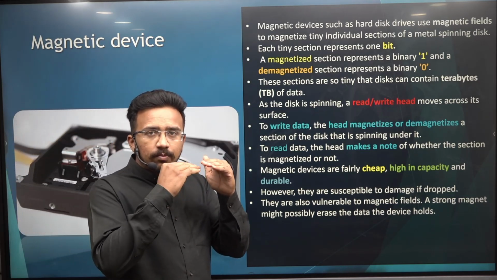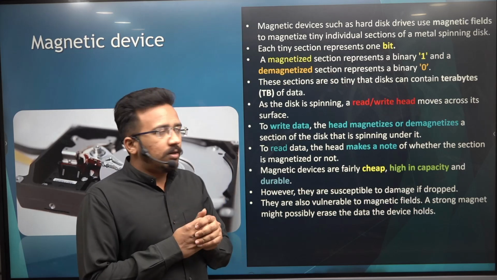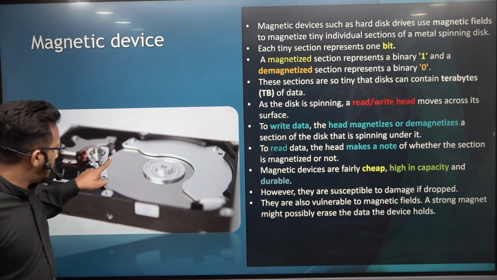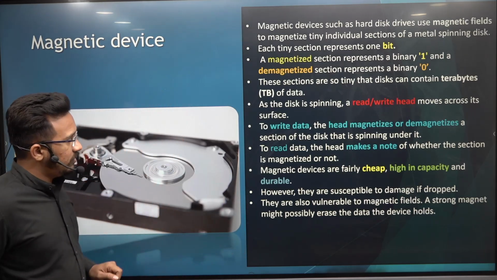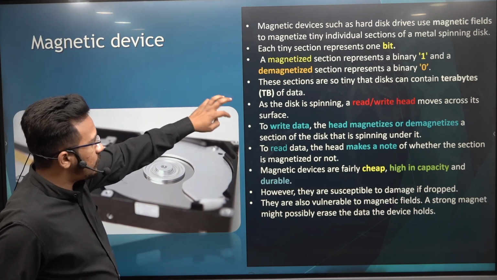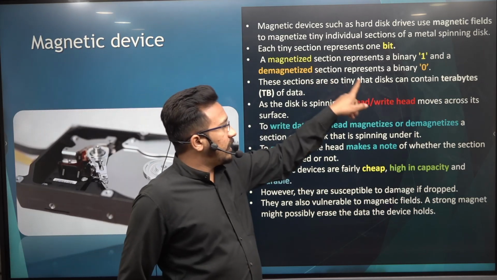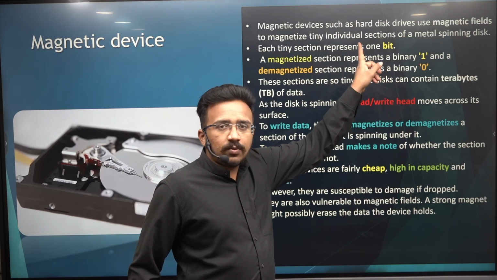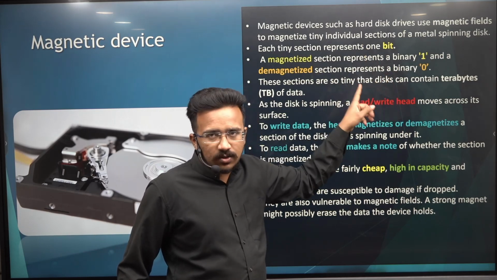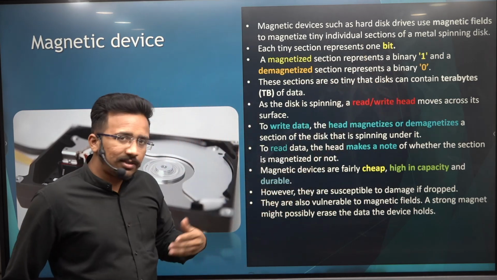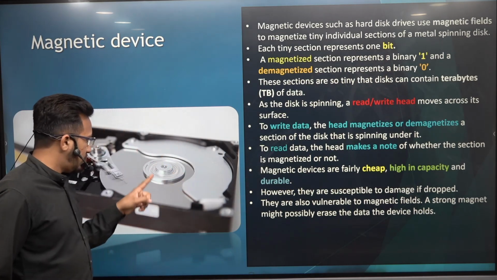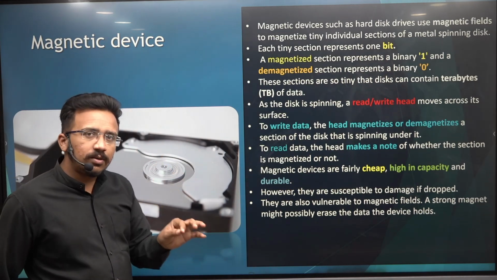There will be multiple platters on the hard disk. So few points were missing, so add them. Again, represent 1 as north, 0 as south, and the disks used in this are known as platters.